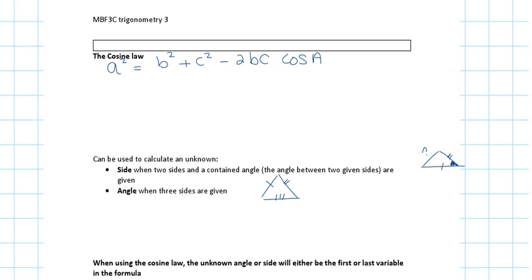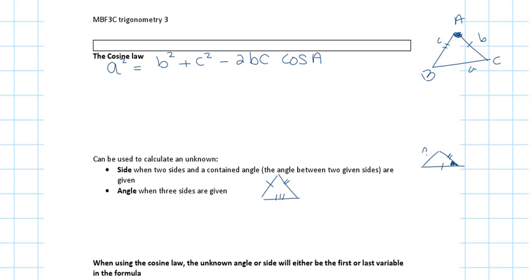So let's look at this case here. In this case, I know this side, I know this side, and I know this angle, right? That's the case for me to be able to use cosine law. You guys agree? So two sides and the angle between them.